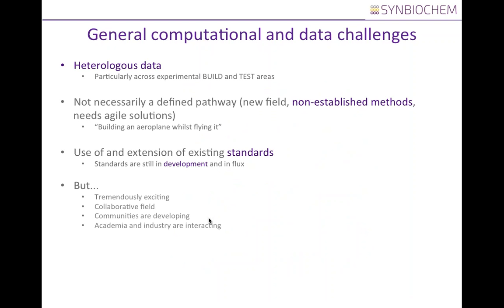So this, obviously, as you can imagine, involves huge computational data challenges, not least the fact that we're working across a number of scales and a number of levels, at different vertical points of that design, build and test cycle. We produce a certain amount of data from the design side of things.